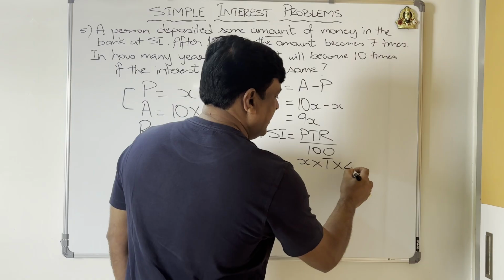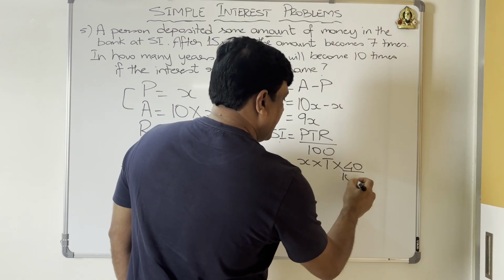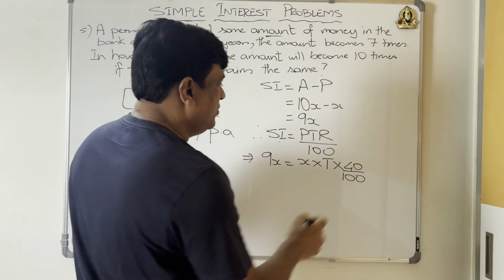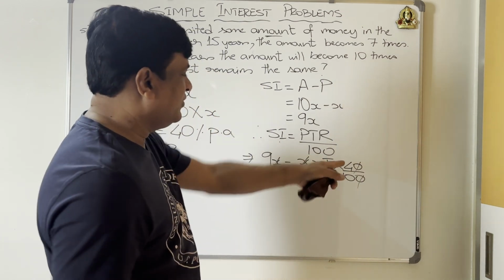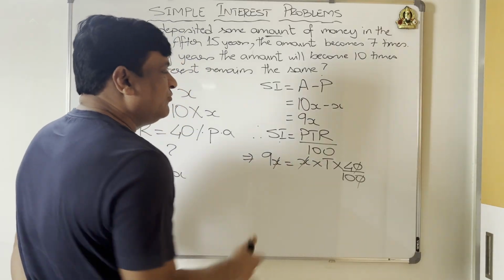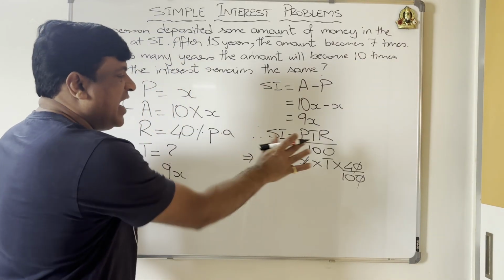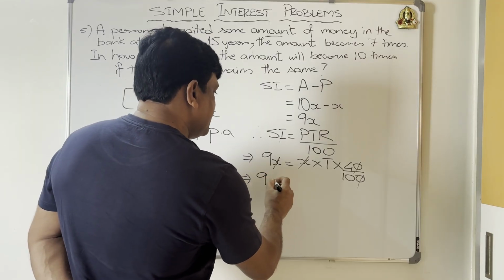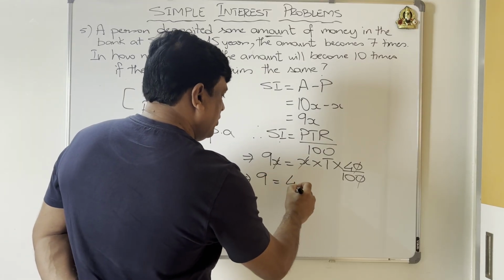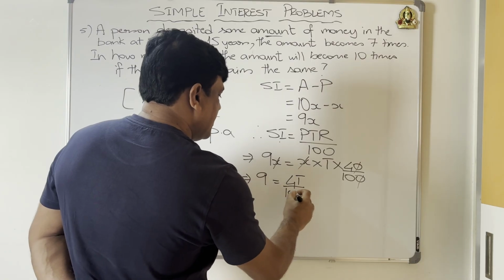What's the rate? It's 40 divided by 100, right? So if you cancel out the 0, look at it, x is there on both sides in the numerator. You can cancel out x because you don't know the value of x, so leave it. I cancelled it out. So what are you left with? You are left with 9 is equal to 4t divided by 100.